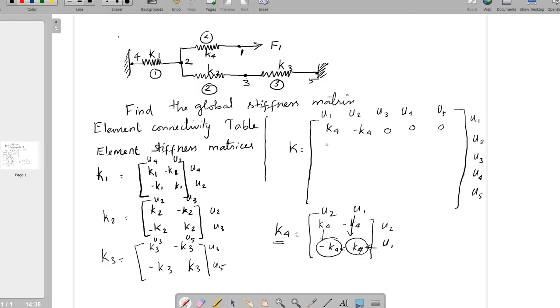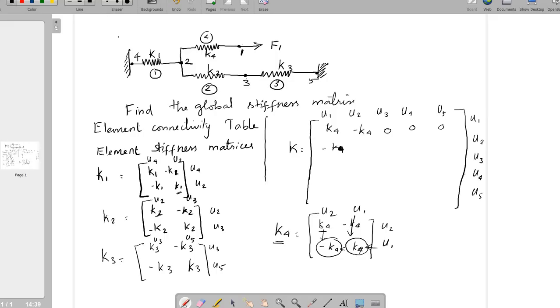Next, U1 U2: you take U1 in the column and U2 in the row. So the value is minus K4. Now for U2 U2, first you search here: it is K1. The next matrix also contains a U2 U2 value, it is K2. The element stiffness of K4 also has U2 U2.